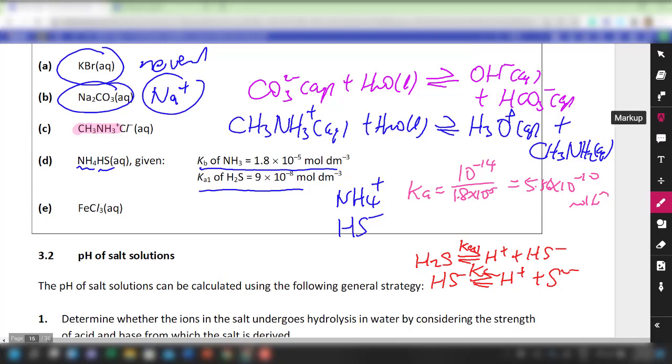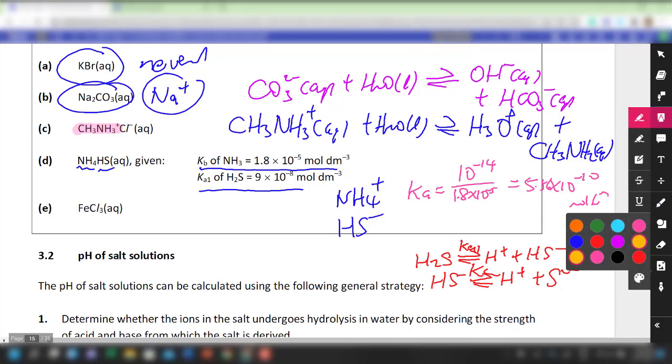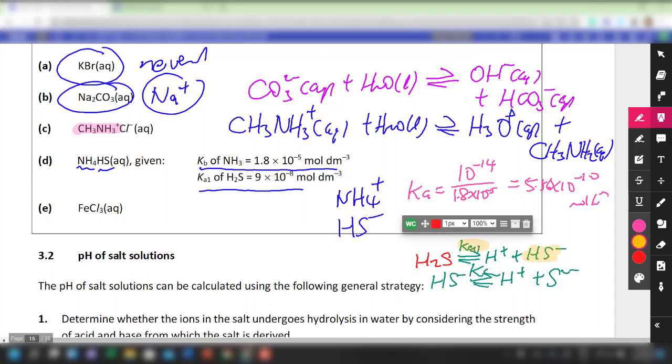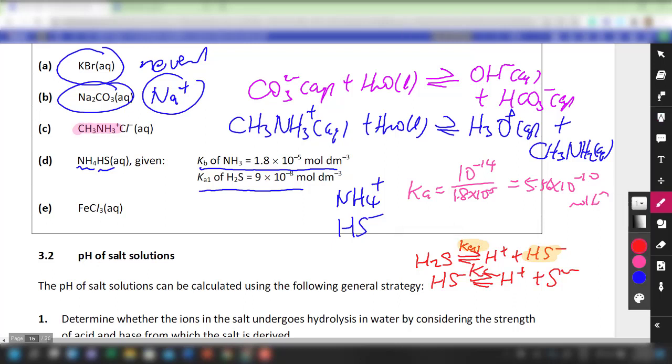So in order to find out the Kb of HS minus, I will need to find the corresponding Ka1, which is associated with H2S. So in this case, I'm going to use the value of Ka1 to find the Kb of HS minus.